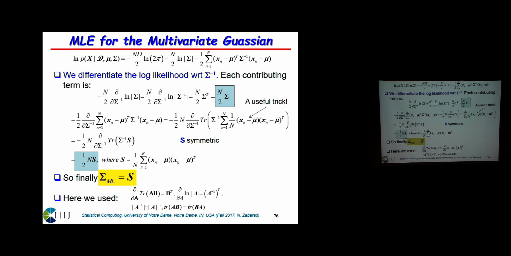If trace of AB is the same as trace of BA, I move this x n minus mu where? To the left. And then there was a sigma minus 1. And what have I done to sigma minus 1? I move it to the left, and because it doesn't depend on little n, I move it outside.